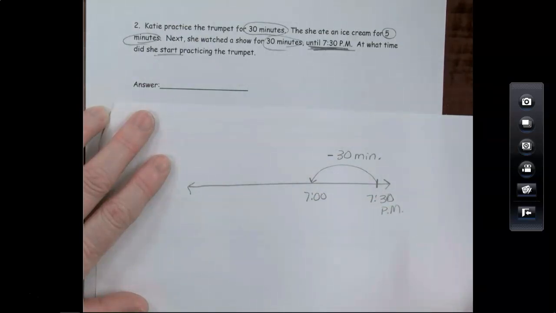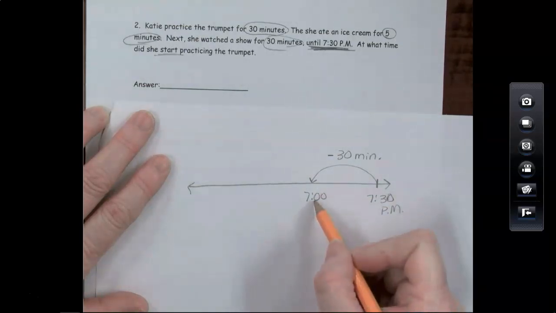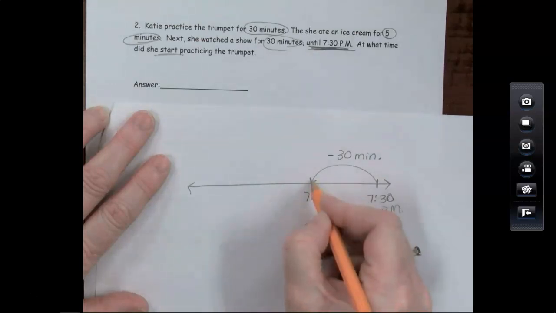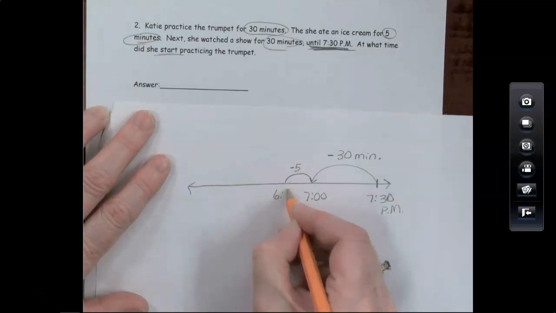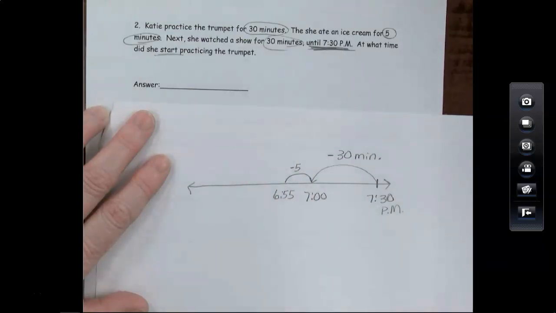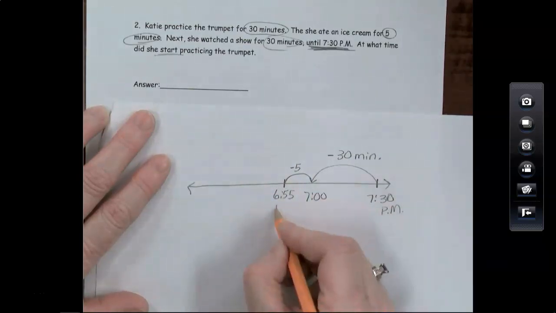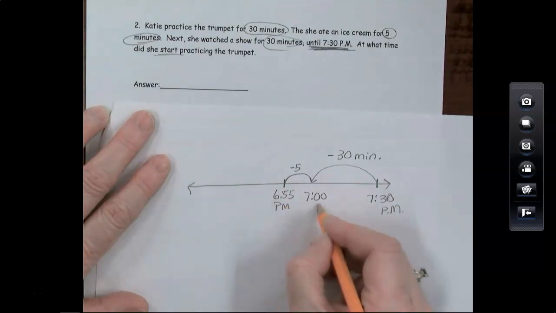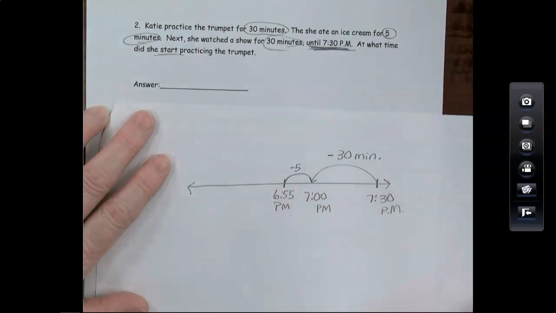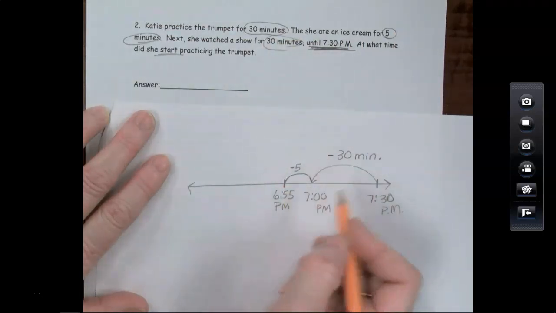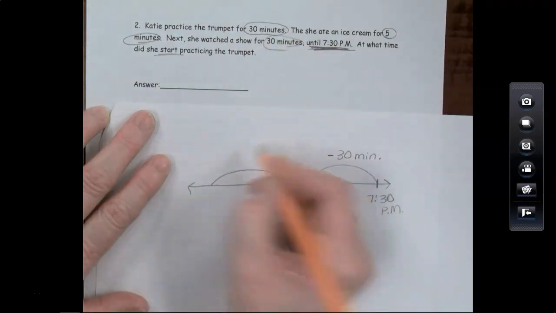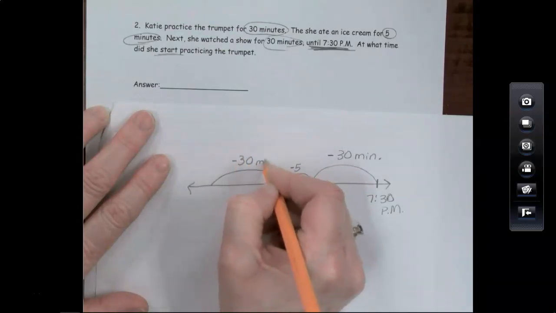Then she ate ice cream for 5 minutes. So if you're going to take 5 minutes away from 7, you're going to go back 5 minutes. It would be 6:55. So we're at 6:55, and we're in the PM. Then she practiced the trumpet for 30 minutes. So we have to go back 30 minutes.